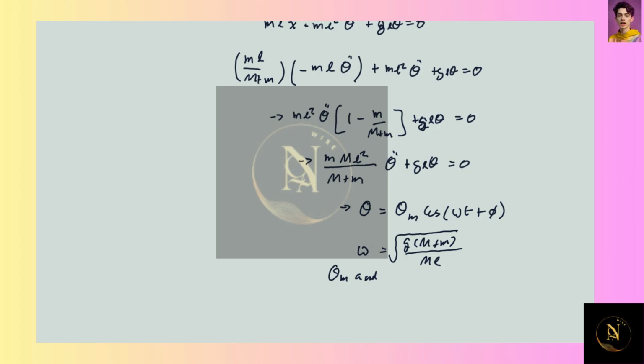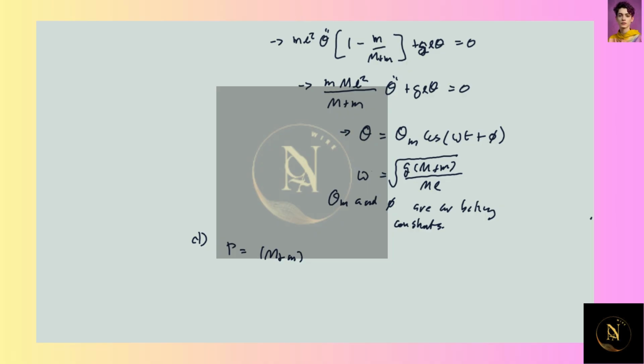There should be an M here. I'll go back and put those in. Like I said, theta, M, and phi are arbitrary constants.